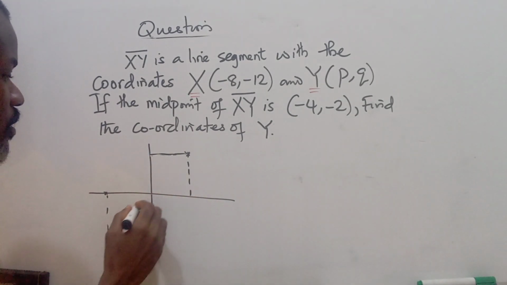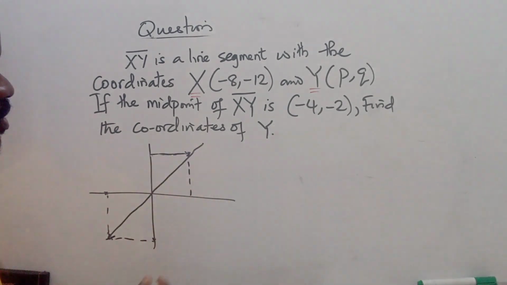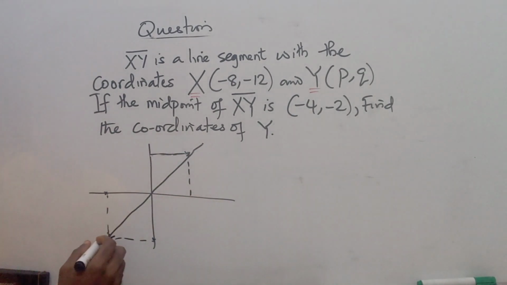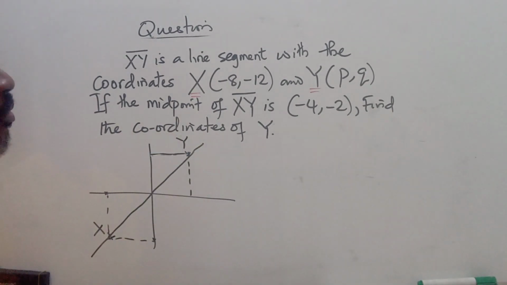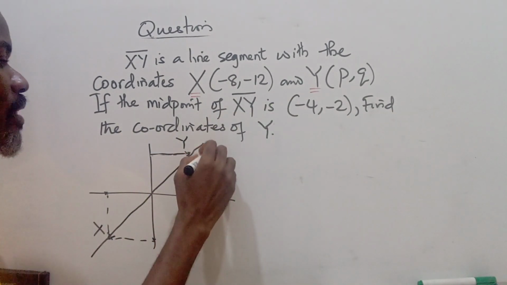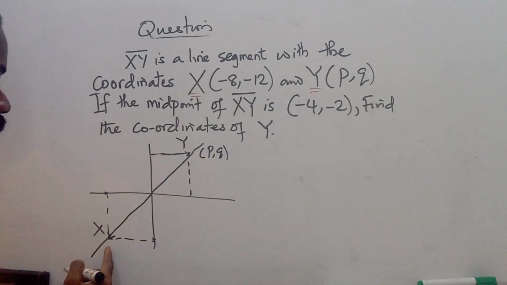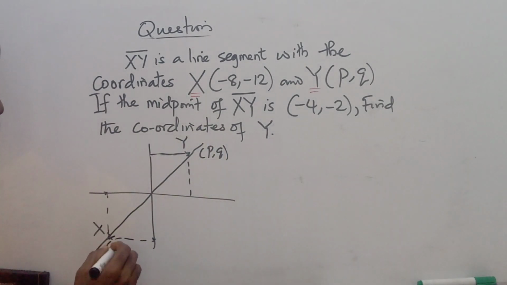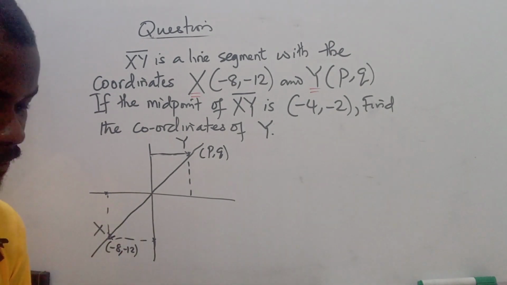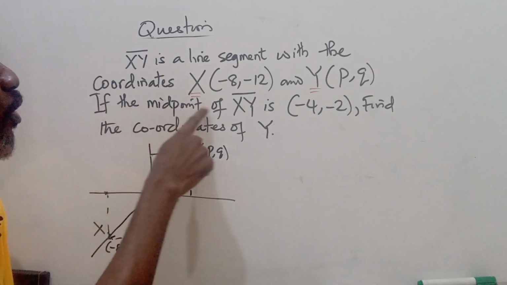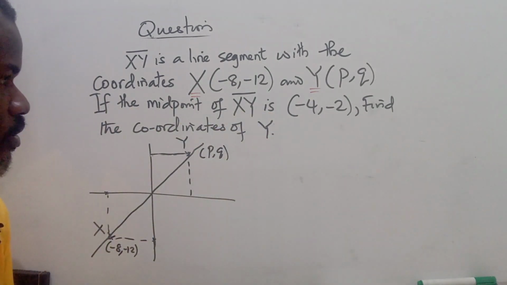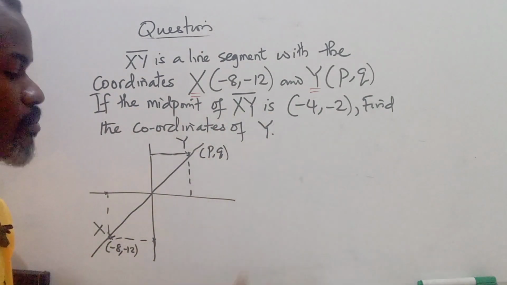So if we join this, this gives us line XY. This is X and this is Y. So Y is at point (P, Q) and X is at (-8, -12). Now the question says the midpoint of XY is at (-4, -2).